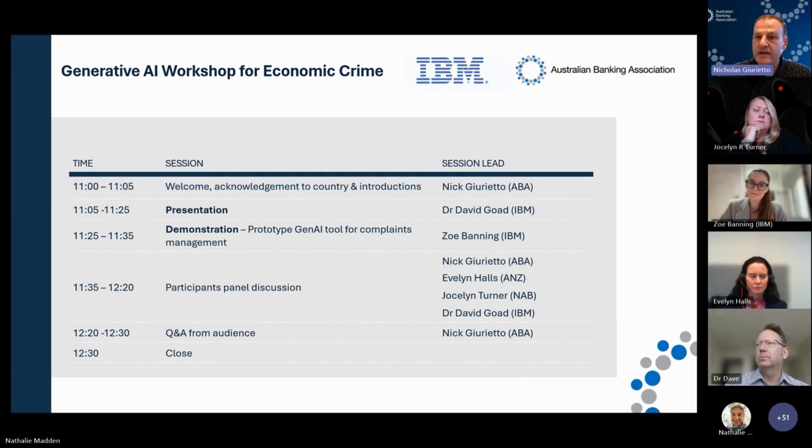And that area really brings to the fore some of the considerations about what is the appropriate role for a human versus an AI, and how do we make sure that they work together in a way that achieves the right outcomes for consumers, for businesses, and with an eye on regulatory expectations.